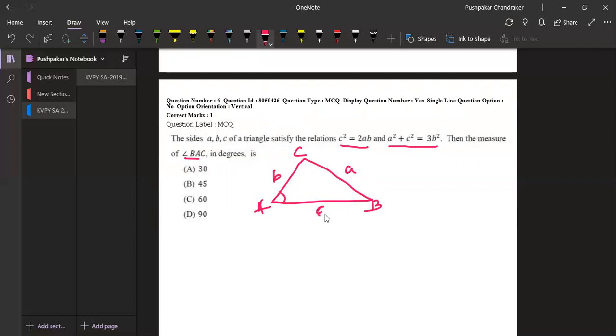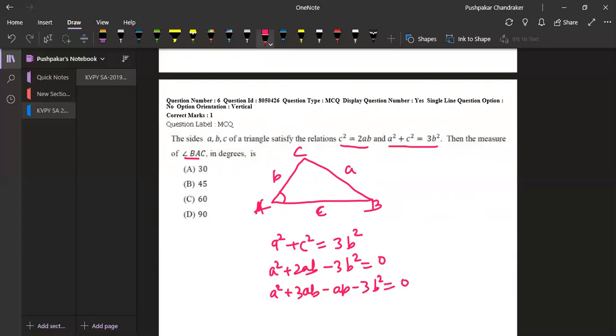I taught this convention: the side opposite to vertex A is called small a, the side opposite to vertex B is called small b, the side opposite to vertex C is called small c. They are given a square plus c square is 3b square. But c square is also given here as 2ab. So write a square plus 2ab minus 3b square equals 0. Factorize this. So you get a square plus 3ab minus ab minus 3b square equals 0.